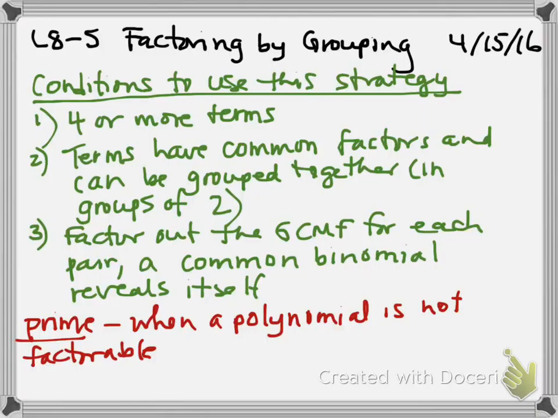There may be a time when we can't figure out how to group the 4 terms in pairs to find something, and when we pull out each common factor, there's this common binomial. So we could have a prime one, but it doesn't occur very often. In fact, let's see if there's any that show up on your homework. Not a one. Okay, so everything is factorable on your homework. Okay, so just keep that in mind.